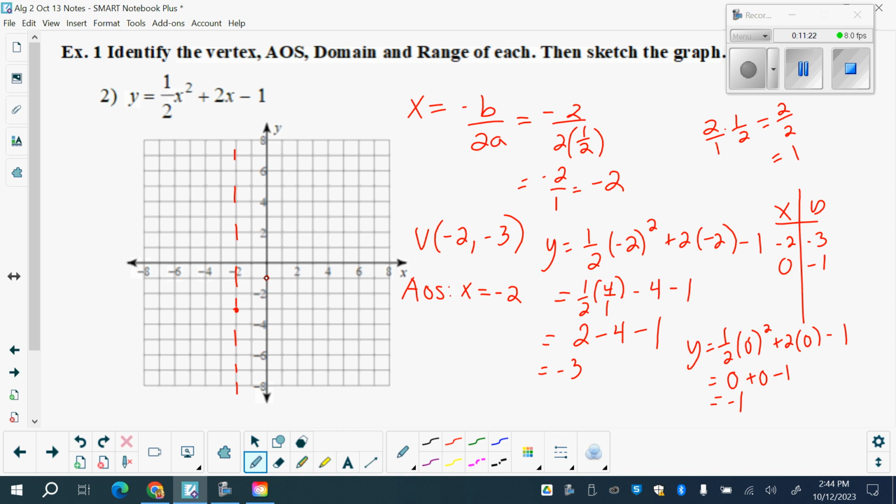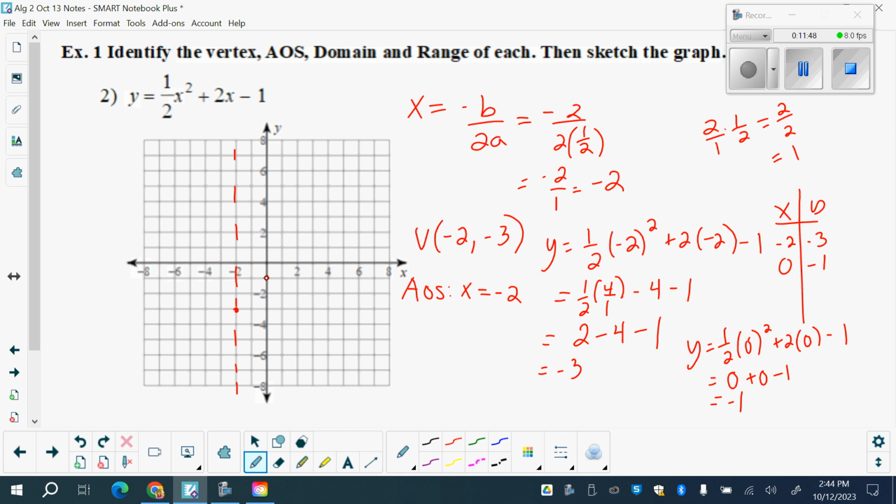So, Nicole, tell us how to find the other point. Good. And so what do you do with the axis of symmetry?